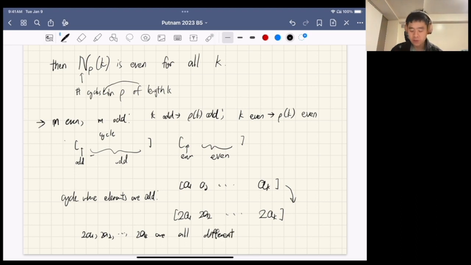First of all, we all agree that rho of 2A1 is going to be 2A2, because 2A1 times m equals 2 times A1m, and then this is going to be A2.